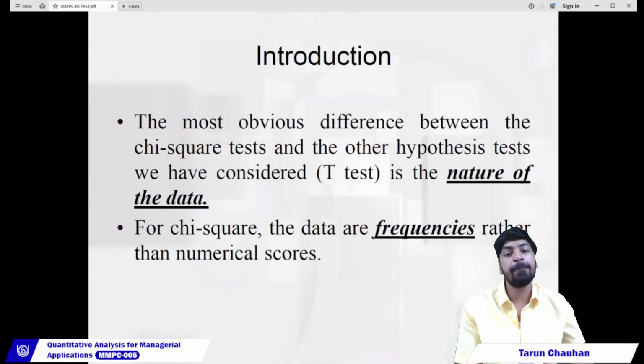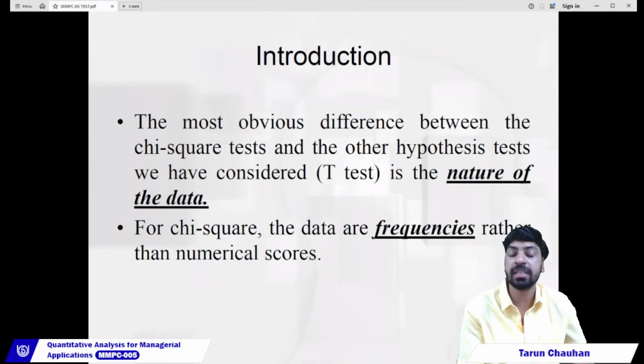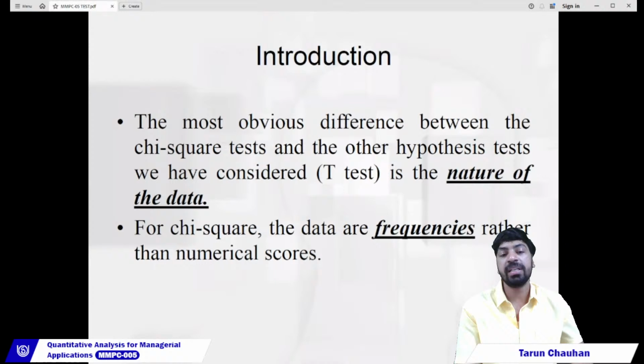For example, we talk about discrete data, and other categories of variables which are also considered in the chi-square test. For example, we can talk about the association between knowledge and the demographic variables.